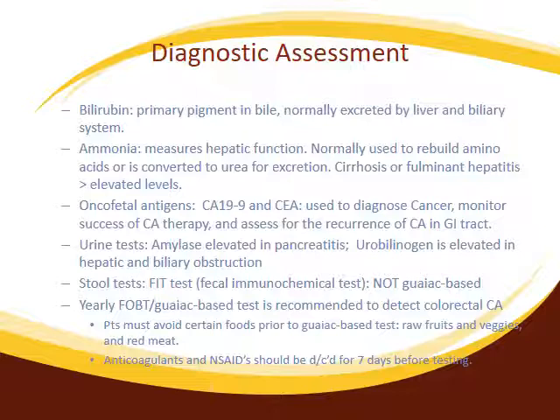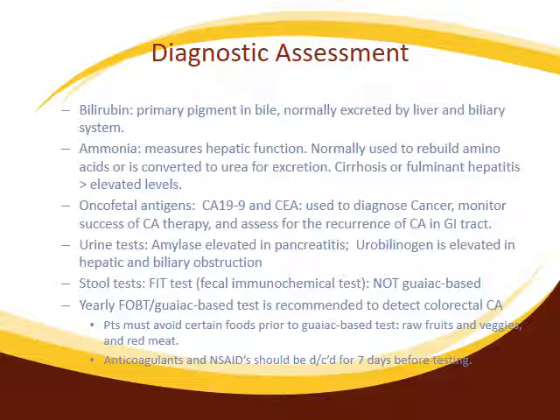So this is the same with these antigens. It did say in the book it's used to diagnose cancer. I think it's more likely used to monitor success and assess for reoccurrence of cancer, because cancer is actually diagnosed by, remember, we do a biopsy. That's the actual diagnosis for cancer.